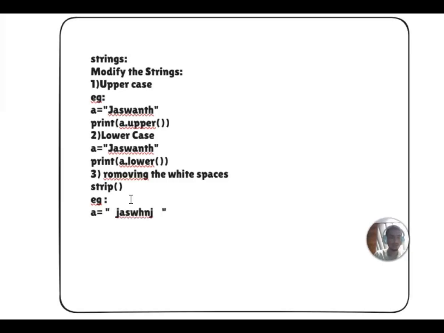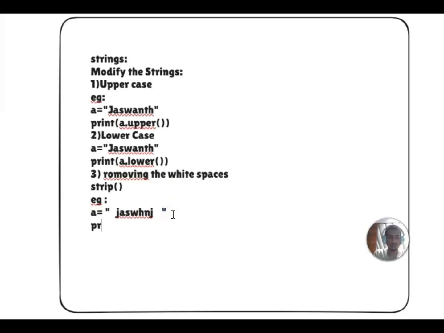Let's move to another thing called removing white spaces. We can use the strip function so that we can remove the white spaces at the beginning and the end of the string. For example, let's take a variable and create a string here. Let's use some white spaces at the beginning, write anything we want, and give some white space at the end.